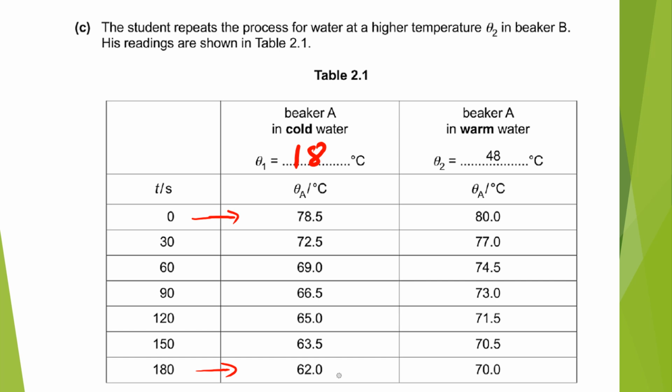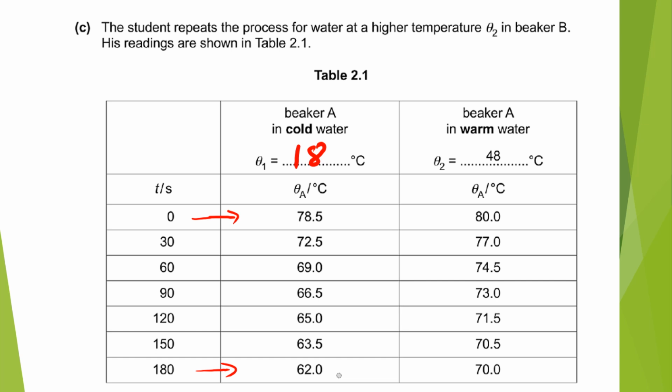Part C. The student repeats the process for water at a higher temperature theta 2 in beaker B. His readings are shown in table 2.1. So beaker A in cold water is first column, beaker A in warm water is second column, that is at higher temperature.